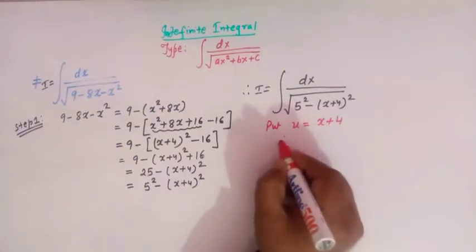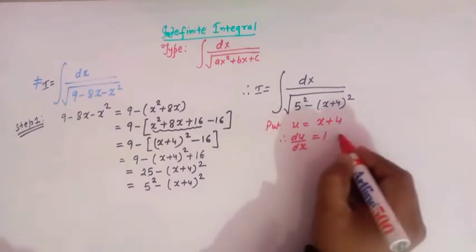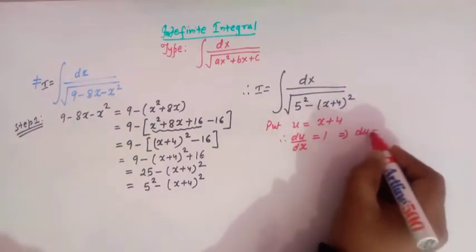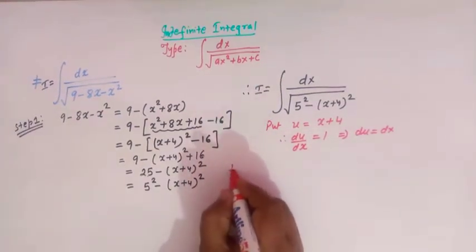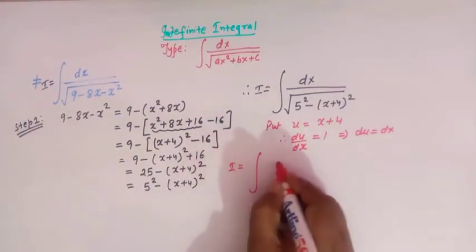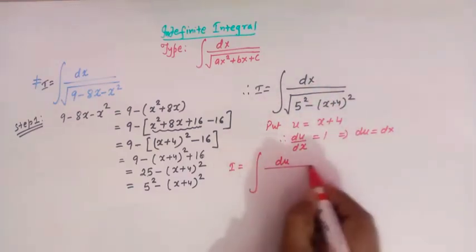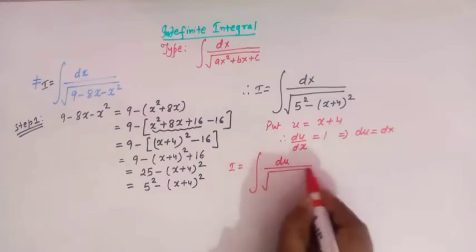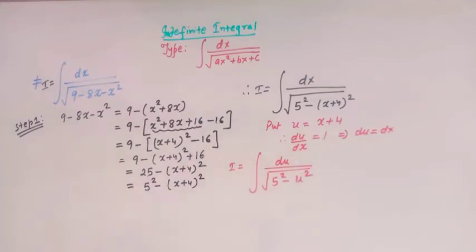Therefore du over dx is equal to 1, and du is equal to dx. So now this integral I becomes, for dx we have du, and we have square root of 5 square minus u square.